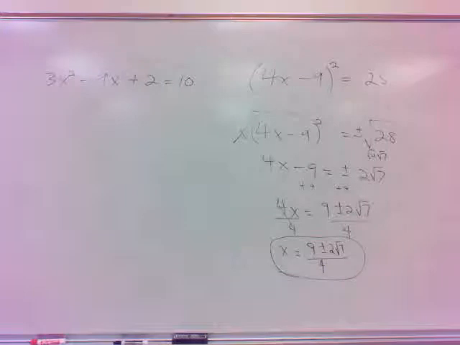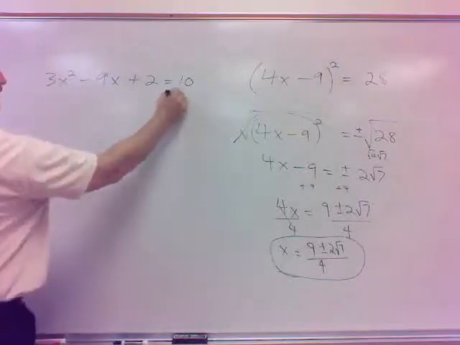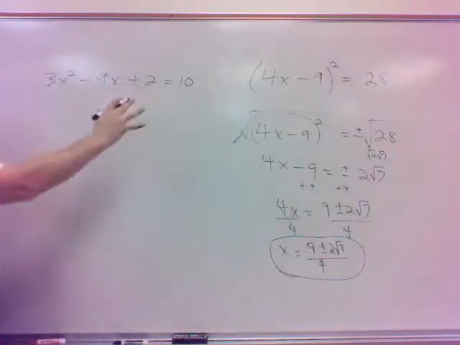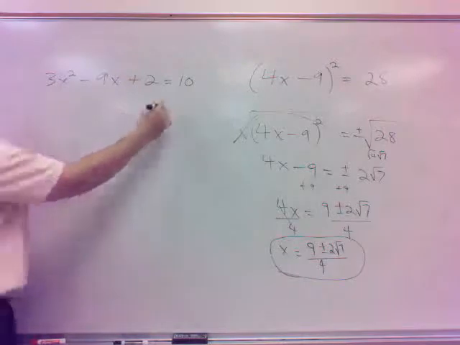What about that one? Well, that one's not square root method. That one's either, well, maybe factoring, but maybe quadratic formula. I think it's going to be quadratic formula. Either one we do is going to have one side be 0, isn't it?